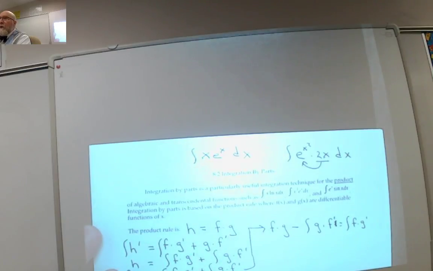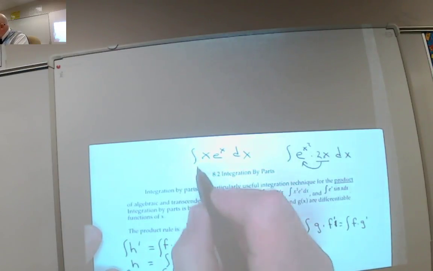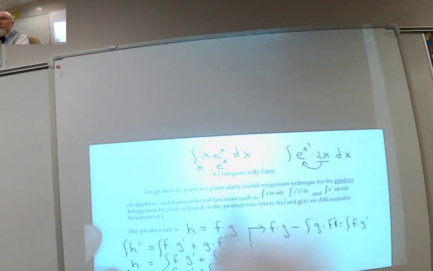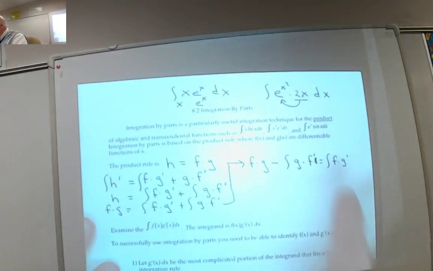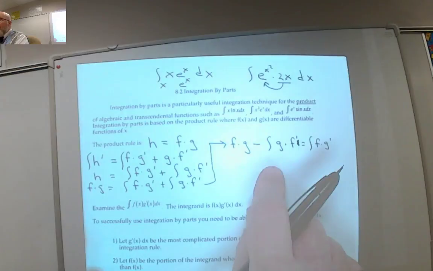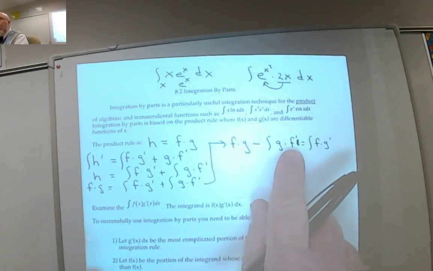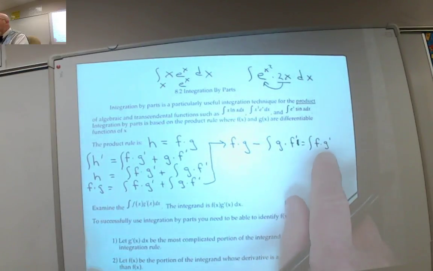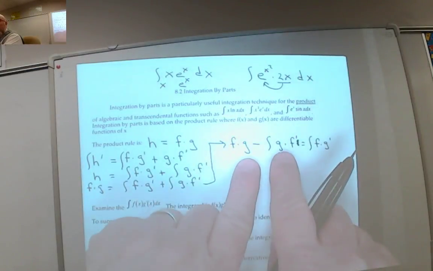But I have two separate functions. I have x and I have e to the x, right? So I'm going to rewrite them so they look like this. I'm going to identify one to be f and take its derivative, because that's what I need right here. And I'm going to identify one as a derivative, and I'm going to find its antiderivative, which I have here.